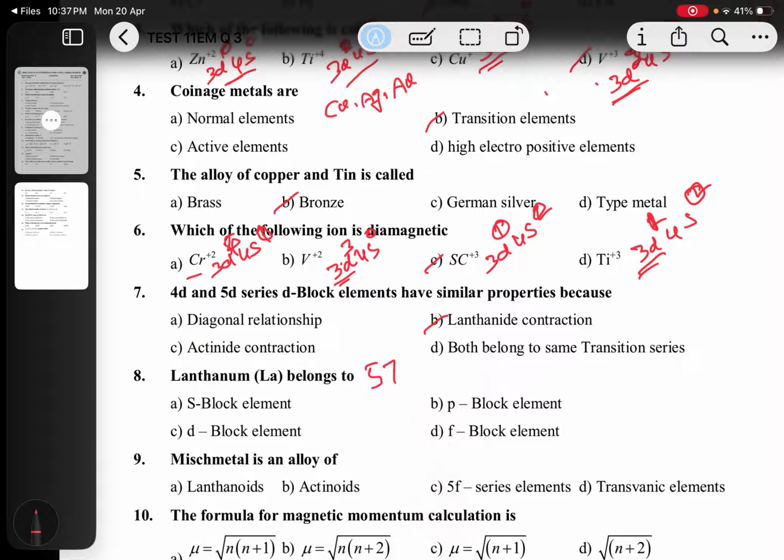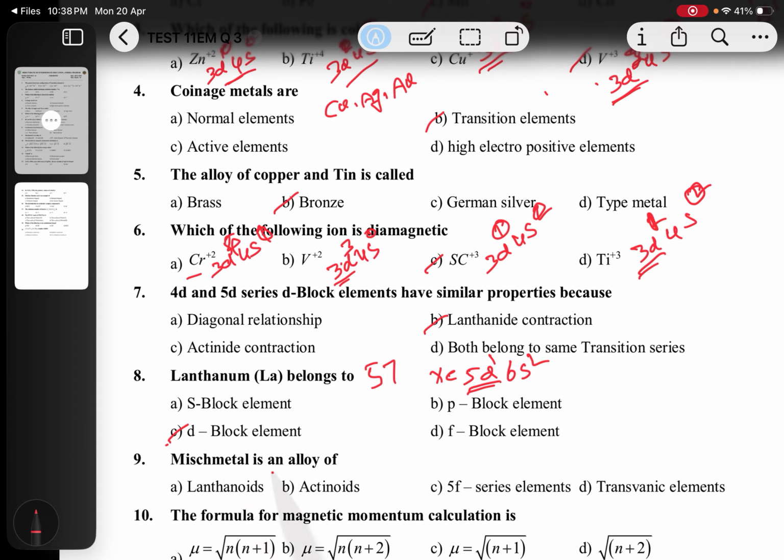Its electronic configuration is xenon 5d1 6s2. In the 5d series, the first element is lanthanum, so it belongs to the d block because the differentiating electron enters into the d orbital.